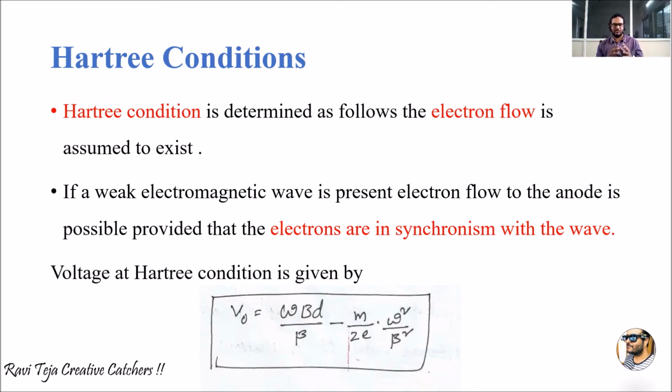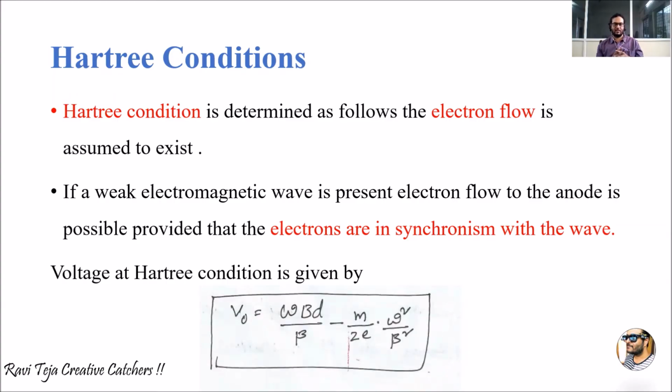Generally, in a Hartree condition, there exists an electron flow even though the electromagnetic wave is weak, so electrons in synchronization with the wave can flow towards the anode. That is how it is conditioned.